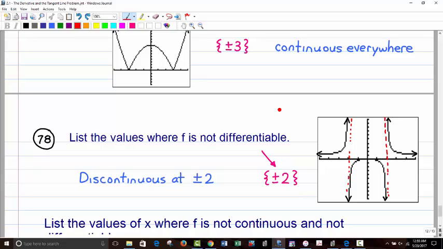Now, list the values where f is not differentiable. Ah, yes, this is our friend from the other videos. I'm not exactly an artist, but I call this one the sad face graph. Maybe it needs a nose right there. So there we go, it looks sad.